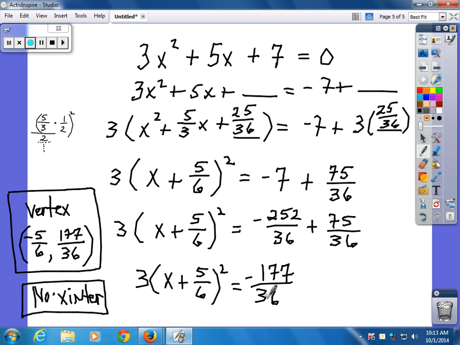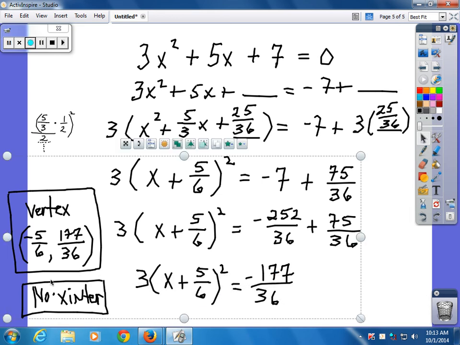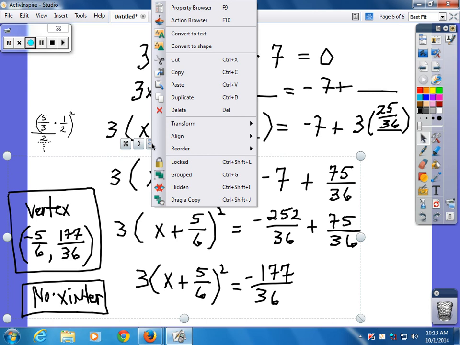So if this is a negative and this is a negative, you will have x-intercepts. So be careful. We don't have x-intercepts, but what I'm going to do is copy that and take it over to the next page.